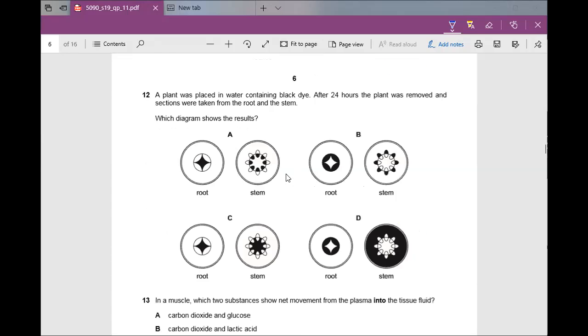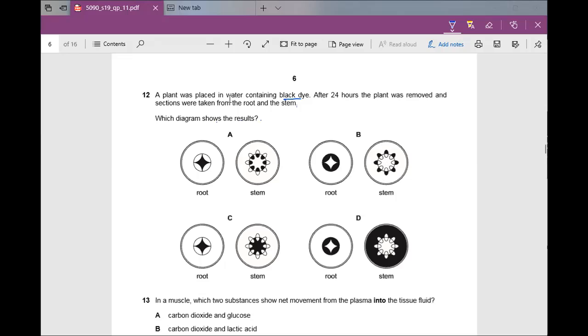Number 12 is, a plant was placed in water containing black dye. After 24 hours, the plant was removed and sections were taken from the root and stem. Which diagram shows the result? For this purpose, we have to understand xylem is present in the center of the stem and center of a root, and in the stem, many vascular bundles are there and xylems are facing the center.